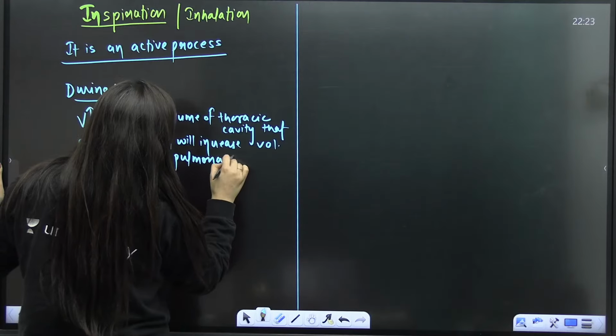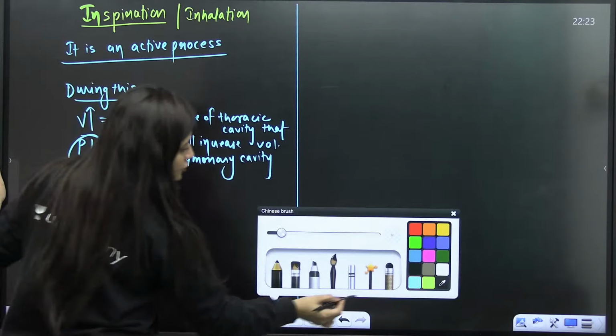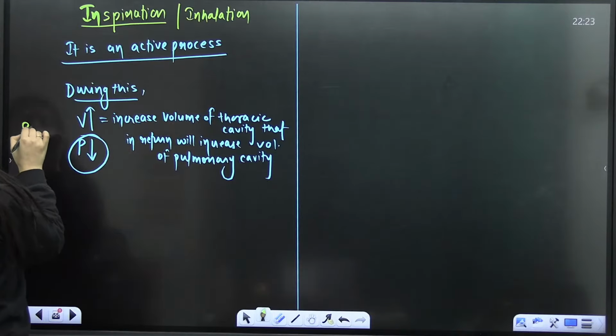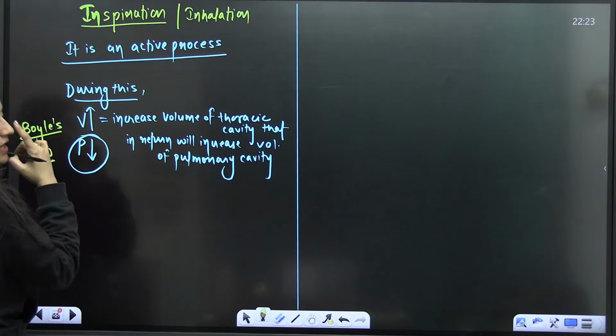Understood? And of course, if volume increases, pressure decreases. Which law is it? It is Boyle's law. Done, students? So that's what we have to do.